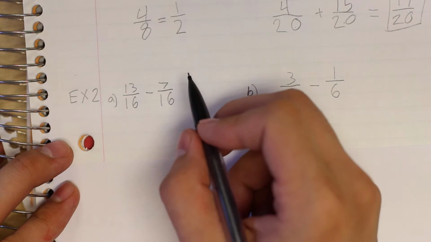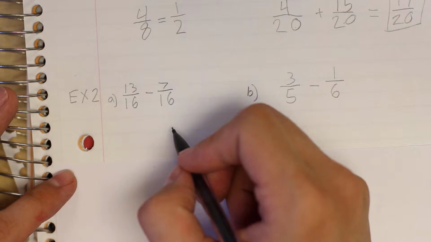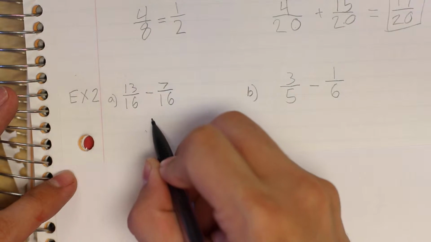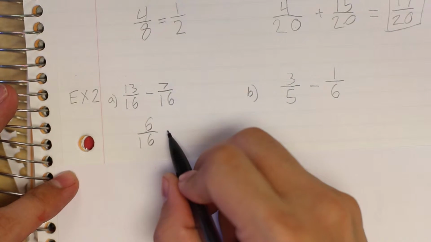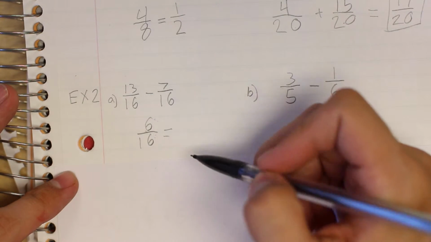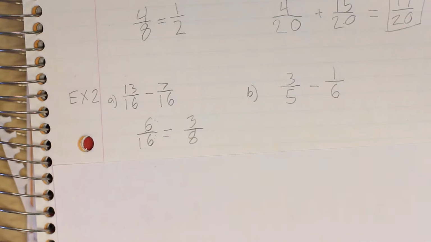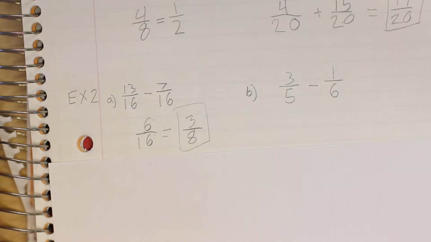So what you would end up with is, you would get 6 on the top, and the bottom stays 16. Can this reduce? It can. 2 goes into both of them. 3 over 8. That is what you should get right there. So that is the final answer for 2A.